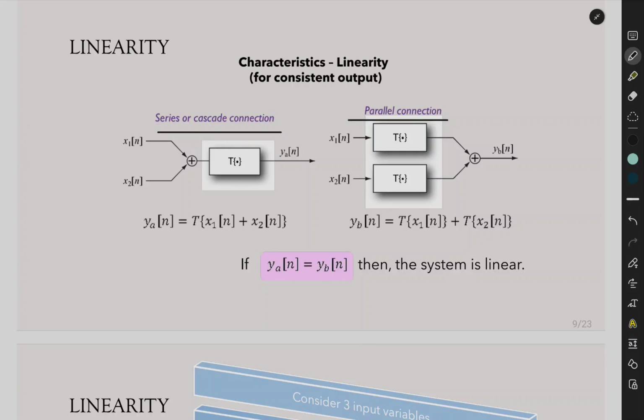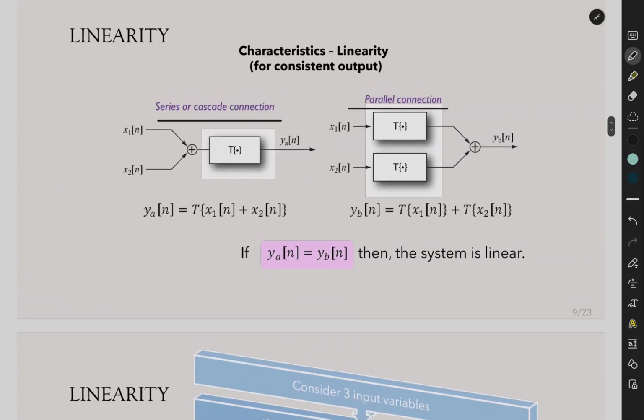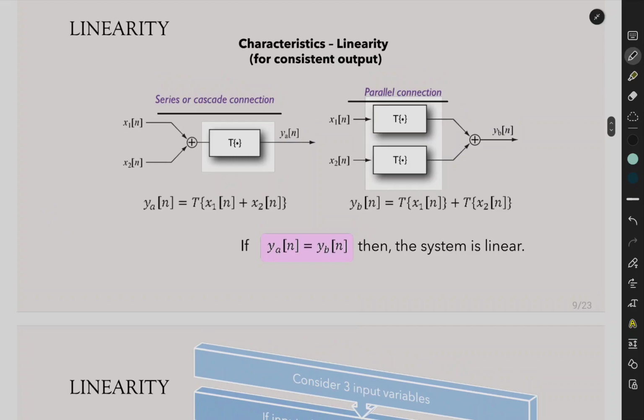If the system outputs the same in series or cascade connection and parallel connection, then the system is considered linear.